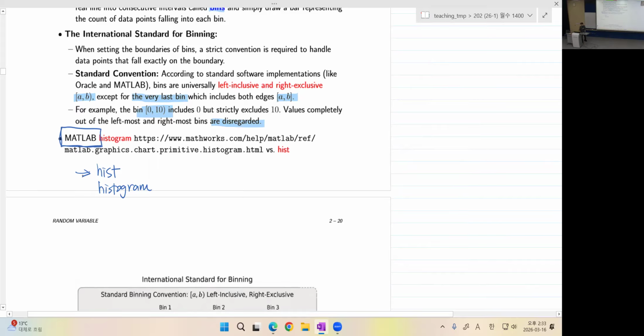The problem of hist is that it does not follow the international standard. It has no idea about bin. It just accepts two things. The first one is the data vector, and the second one is a kind of strange thing, the centroid of each bin.